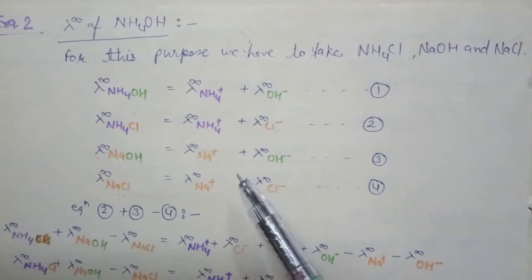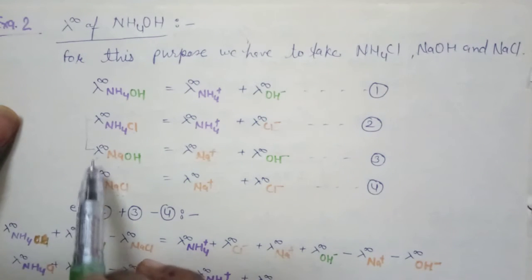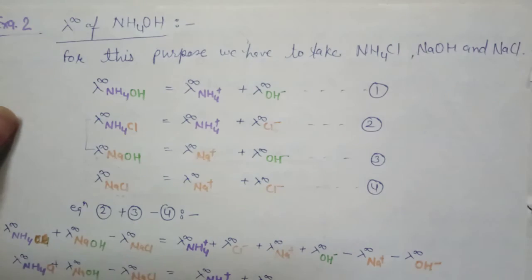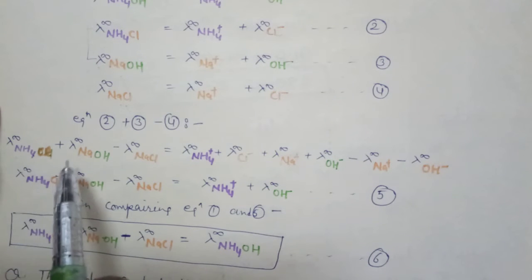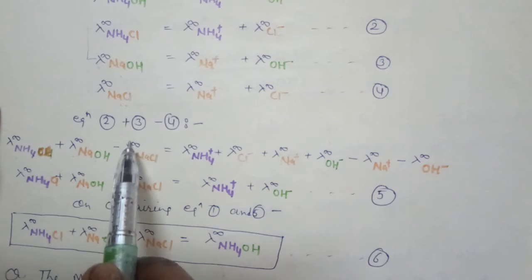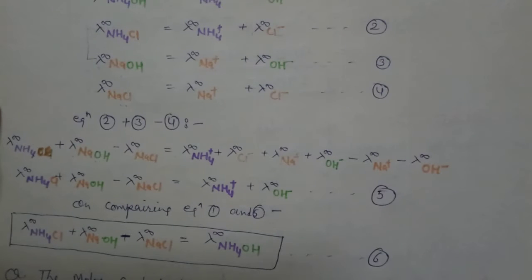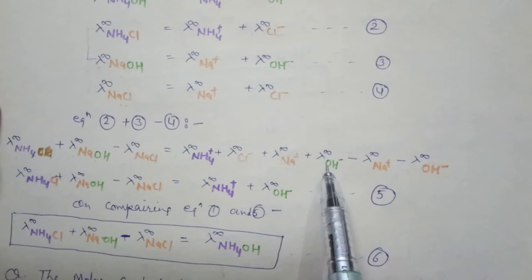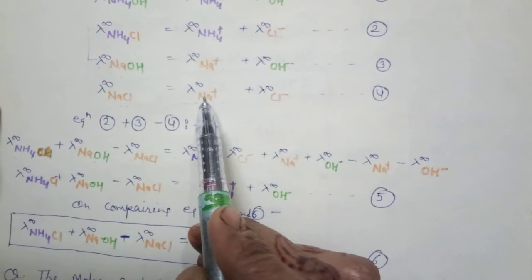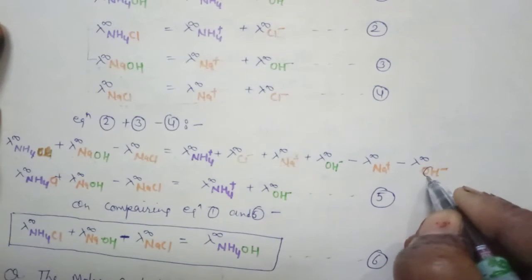As in the first example of acetic acid, equation number 2 plus 3 minus 4, so we will get lambda infinity NH4Cl plus lambda infinity NaOH minus lambda infinity NaCl equal to lambda infinity NH4 plus plus lambda infinity Cl minus, plus lambda infinity Na plus plus lambda infinity OH minus, minus lambda infinity Na plus minus lambda infinity Cl minus.